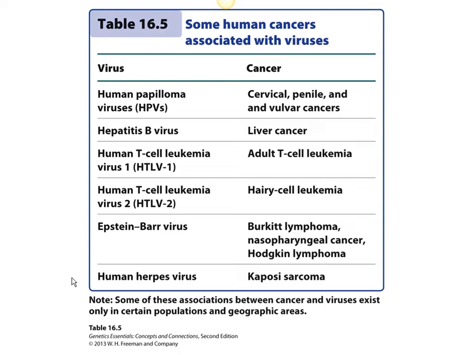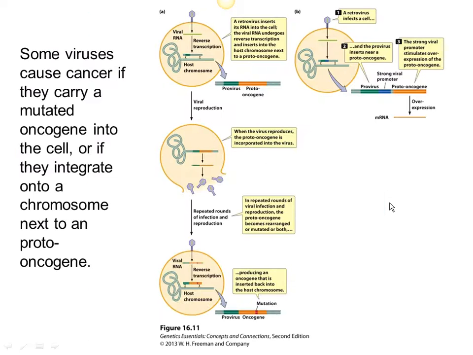Sometimes they carry mutated oncogenes. And when they deliver that oncogene into the cell, the cell then expresses that gene. But they can also just cause problems because they integrate onto chromosomes. And so you see the different types of cancer that can be caused by these.